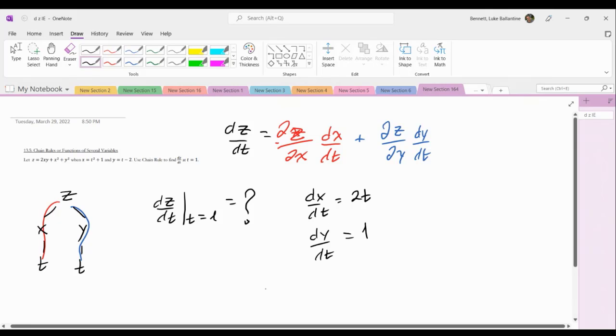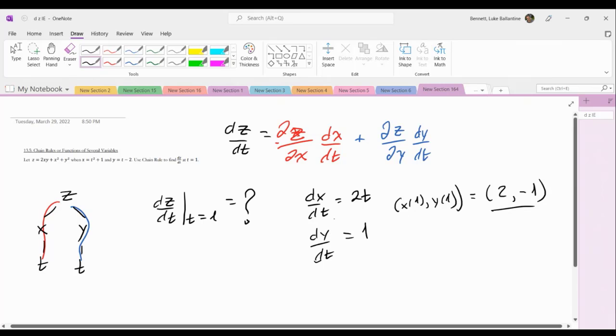Partial z, partial x. X of 1, y of 1, we can calculate that. That's just 2, negative 1. So that's the point we're at.